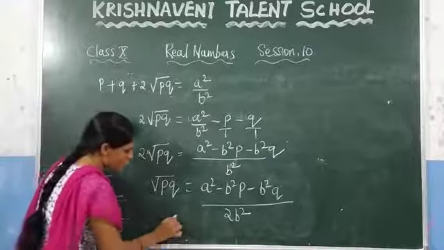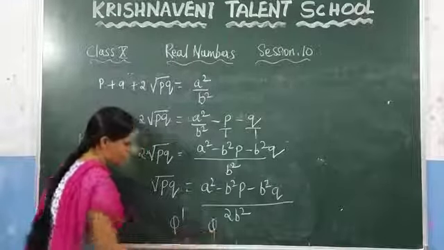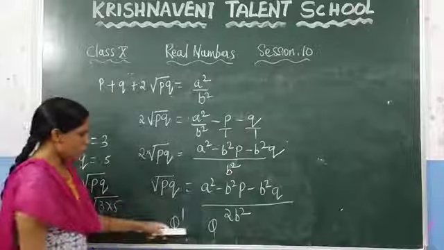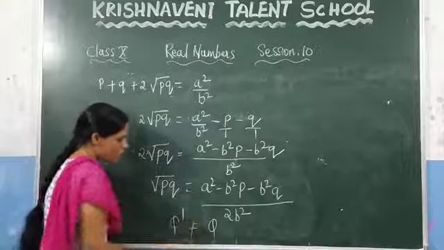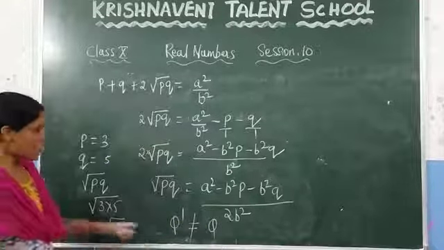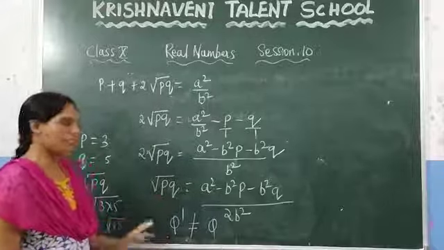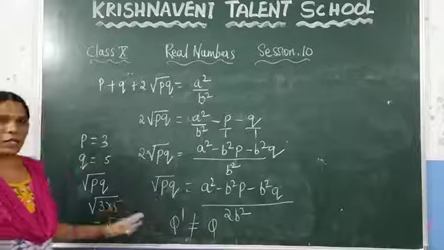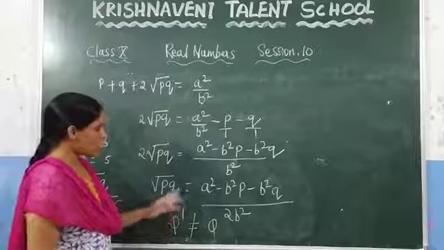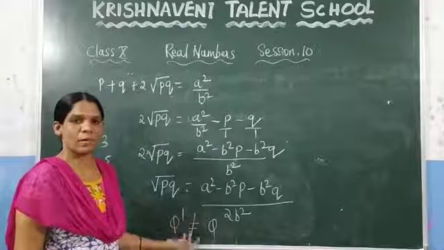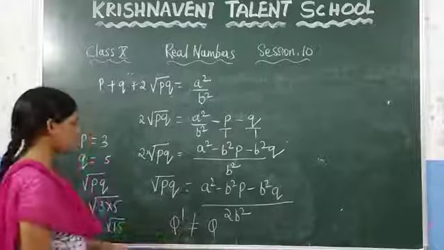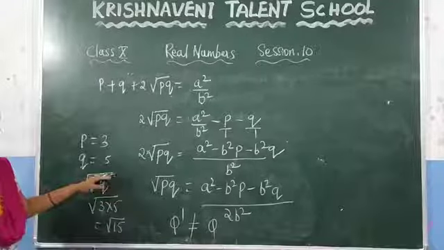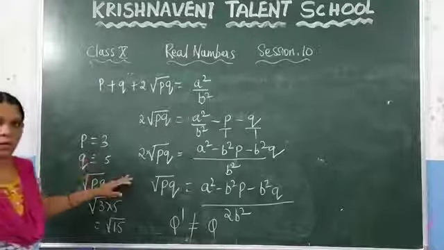Now you got that this is an irrational number and this is a rational number. Since we cannot equate these two, we can say that our assumption is false. For that reason, they have given that both p and q are primes. If they had not given p and q as primes, then we could say that these two are equal by taking a few examples.